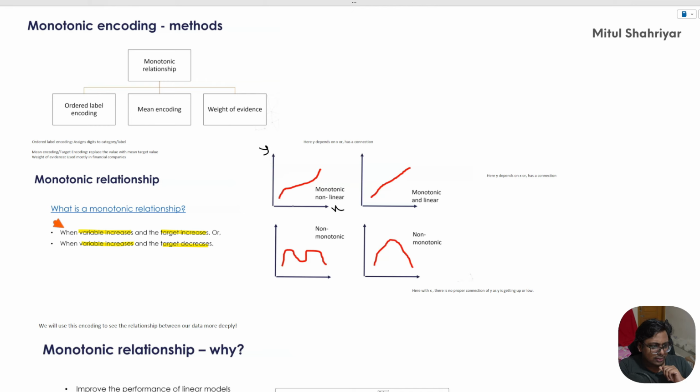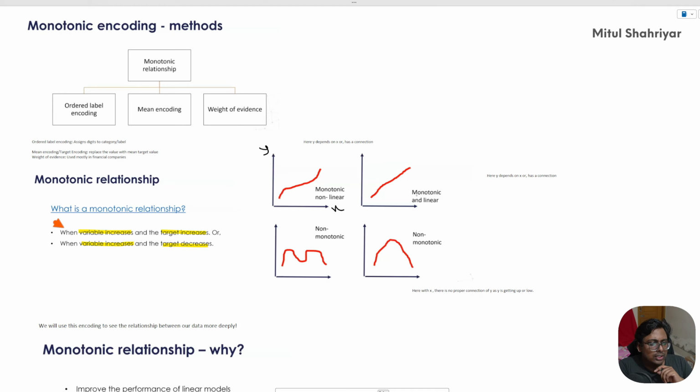That means as x is increasing, y is increasing. But here you can see increasing, then constant, decreasing, constant. x is obviously there, but y is increasing, a lot of things. These are graphs where it's increasing and then decreasing.